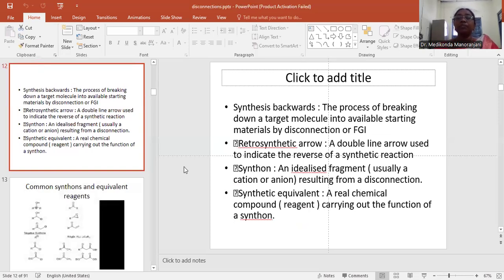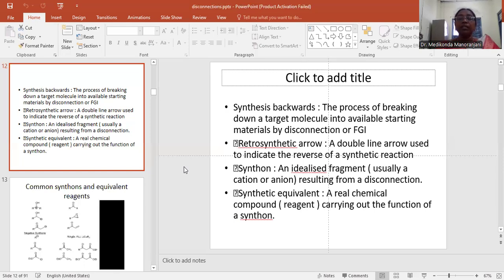Next, synthesis backwards. What is it? It is a process of breaking down the target molecule into available starting materials by disconnection or functional group interconversion. Then, how do you symbolize retrosynthesis? A double line arrow is used to indicate the reverse of a synthetic reaction.